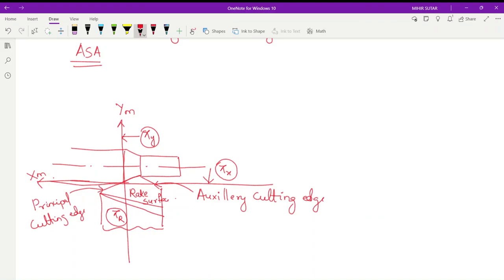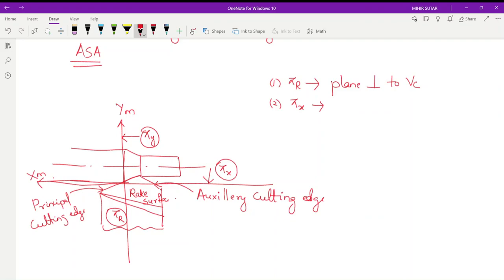First term is our pi r plane. What is this pi r, a reference plane? The plane which is perpendicular to velocity vector vc. That is your pi r plane. Then what is pi x plane? Here in the ASA system you can see three kinds of planes: pi r, pi x, and pi y plane.